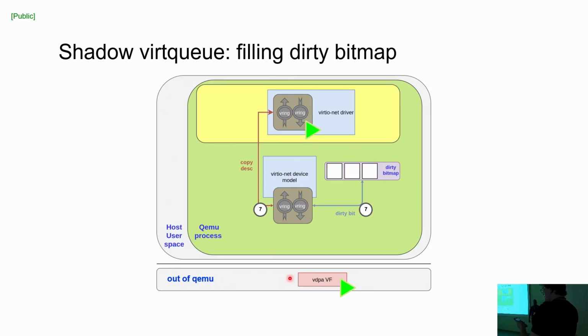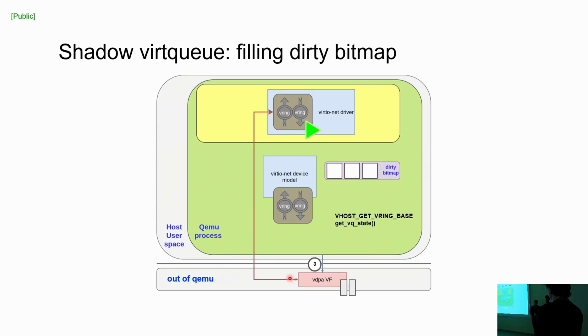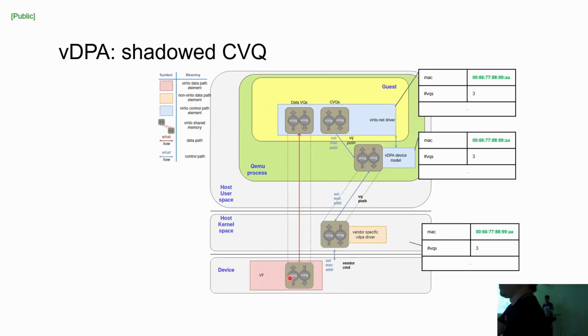There is one question on the stream, and the question is: does the vendor-specific vDPA driver in the hypervisor use virtqueues as well, for the data path? Let me go back to this slide. The virtqueues are actually implemented within the device, so the device must be capable of the virtio data path.